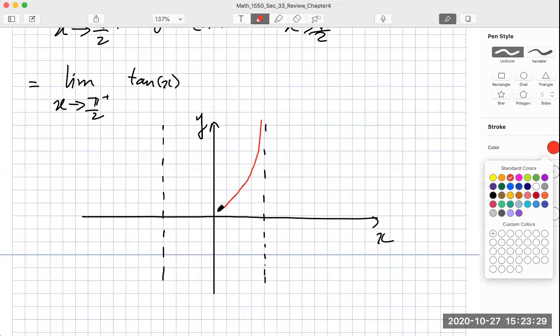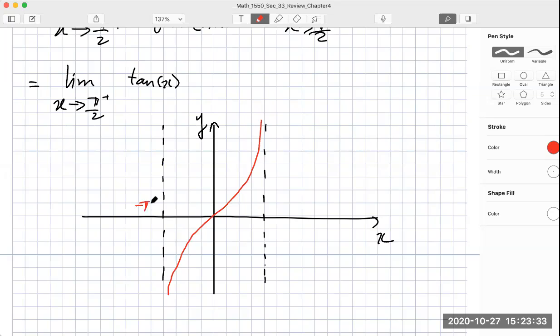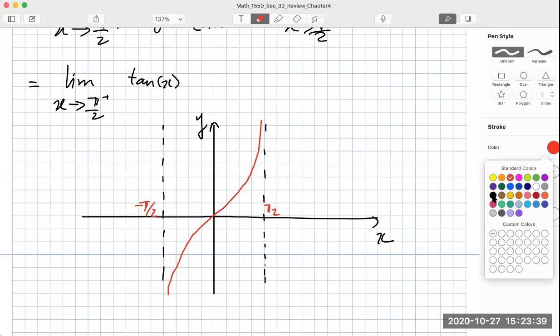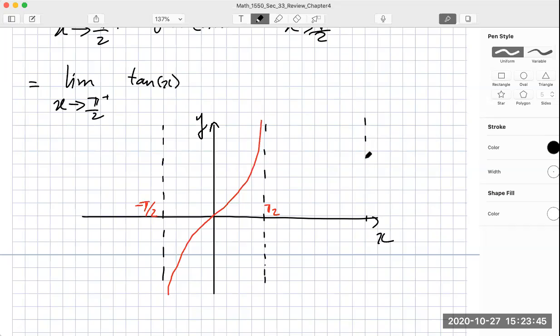At 0, it is 0. It is negative pi over 2. And it is pi over 2. And the period of this is pi, right?